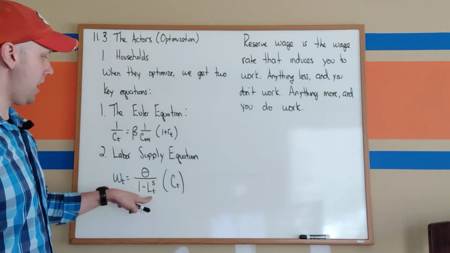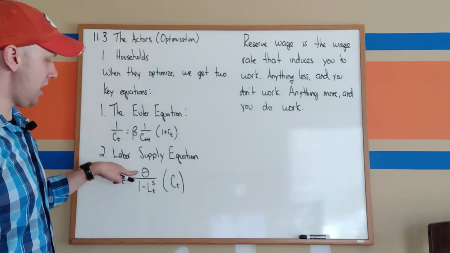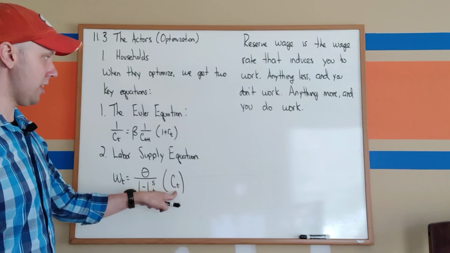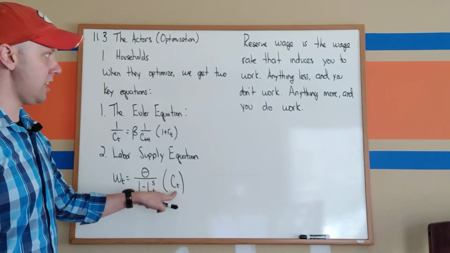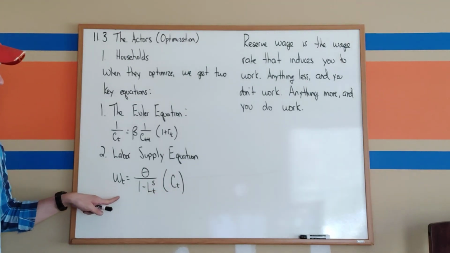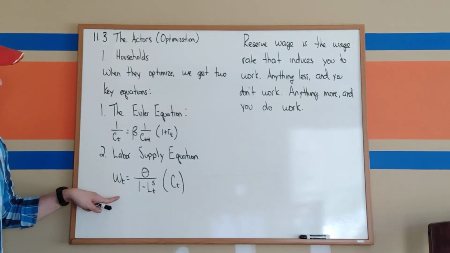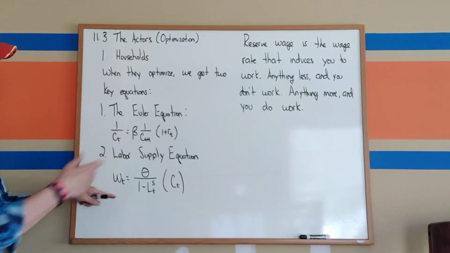Now, the labor they provide is a function of how much they enjoy sitting on their ass and how much they like to consume. So they still face that trade-off in this labor supply equation, which is what we see here.